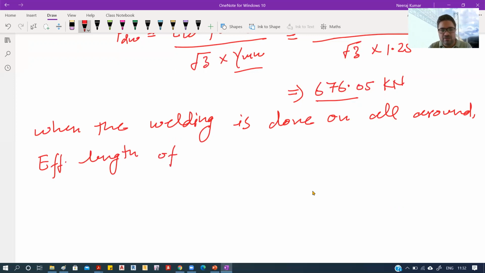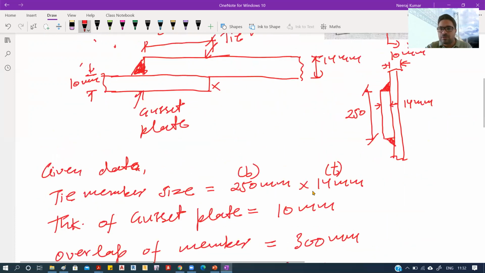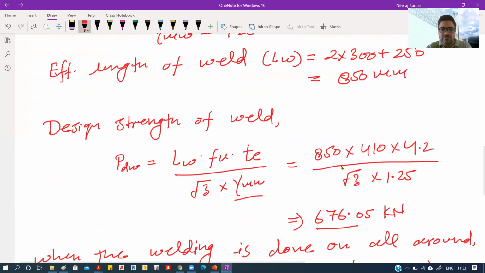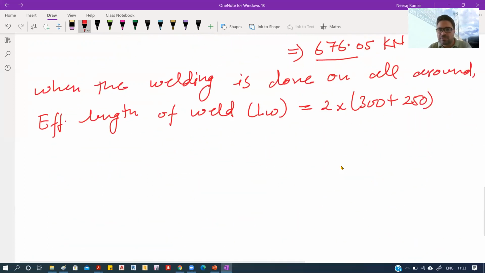Effective length of weld will be 2 times 300 plus 250. You can see here, 300 from this side, 300 from this side, 250 from this side, and 250 from this side. This becomes 1100. So that is the value which is being changed.